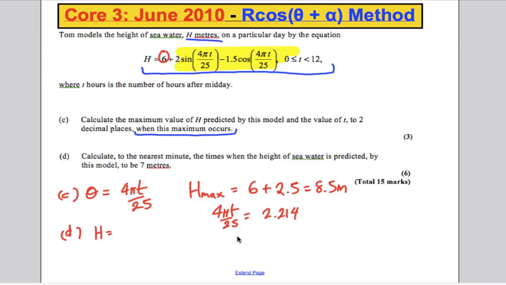So solving for t is therefore 2.214 times 25 divided by 4 pi. And you get for that the time is 4.4 hours.